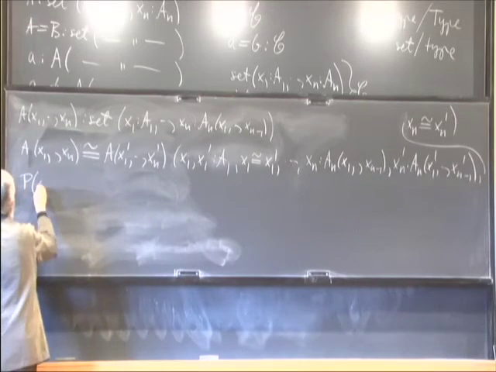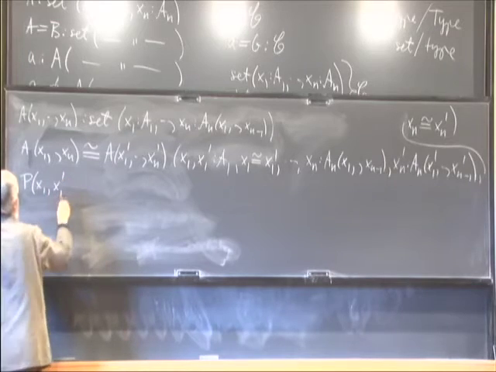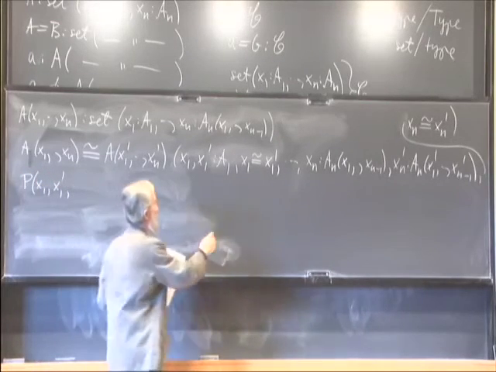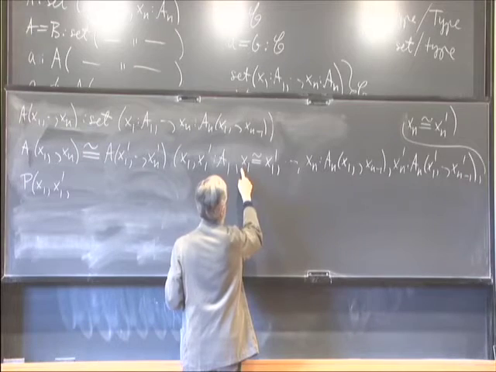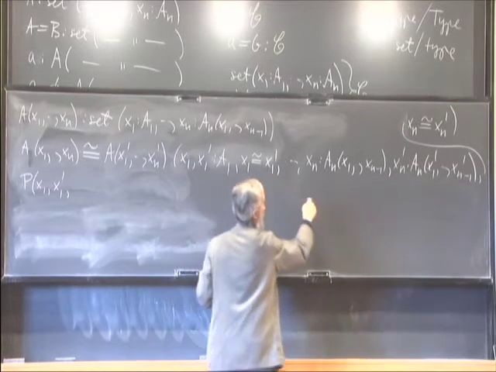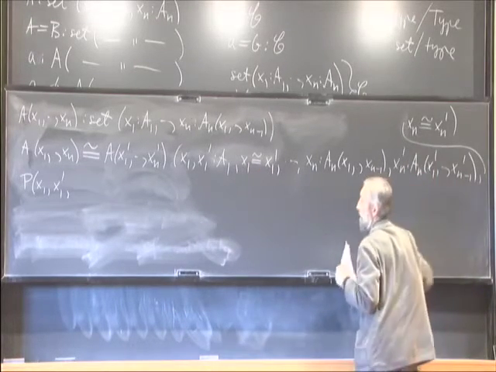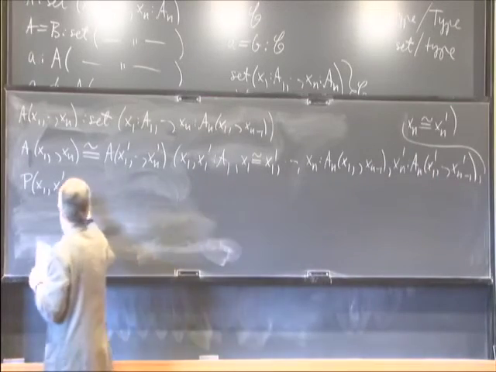Well, it will depend on x1 and x1 prime. And here we must expect to have a proof witnessing the isomorphism of these two, and similarly all the way up here. So let P1 be that proof.